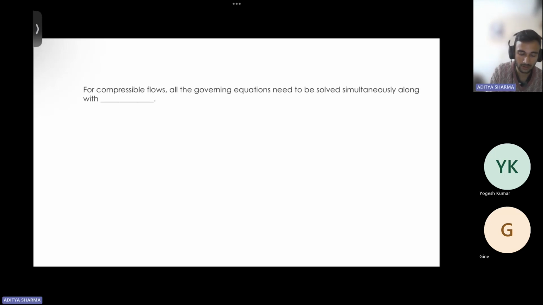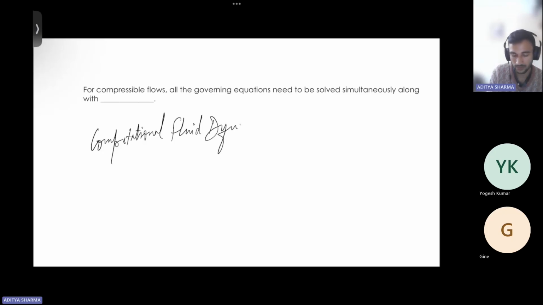Such knowledge is useful in computational fluid dynamics. Computational fluid dynamics is extremely important as far as fluid dynamics is concerned, right? The maths of fluids is very important.